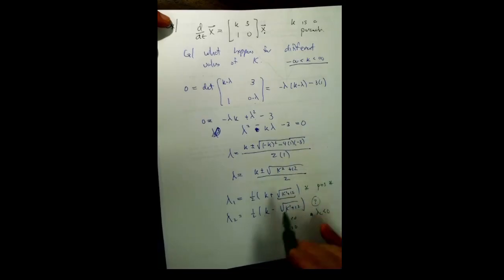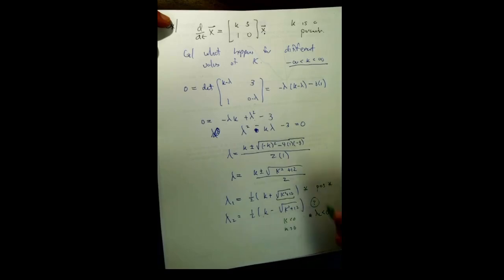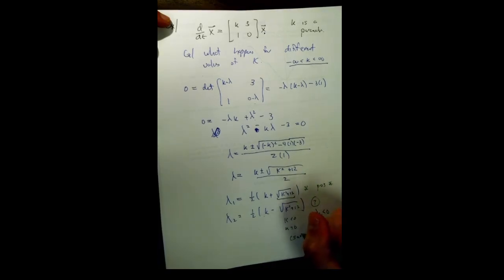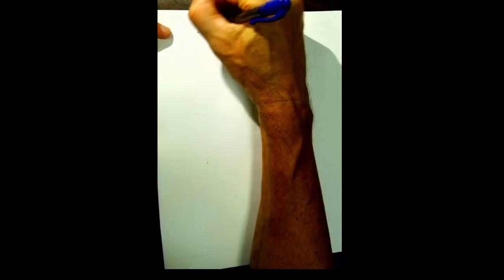And if k is positive, notice again, k squared plus 12 is going to be bigger than k in absolute value. So if I take k and it's positive and I subtract something bigger, it's going to be negative. So I think this is going to be a saddle no matter what I do. So let's see. How do we show that? So where were we? We had this system of equations.